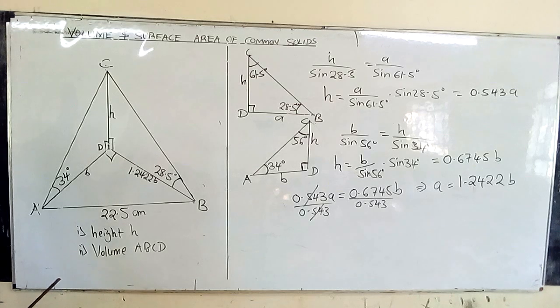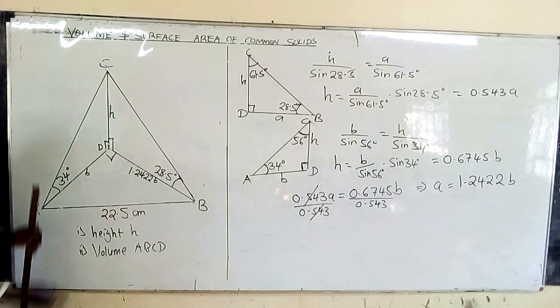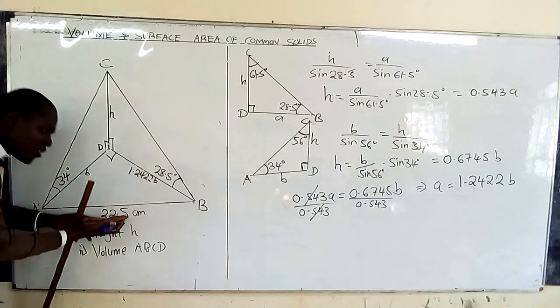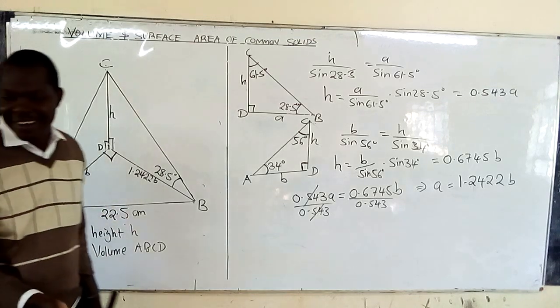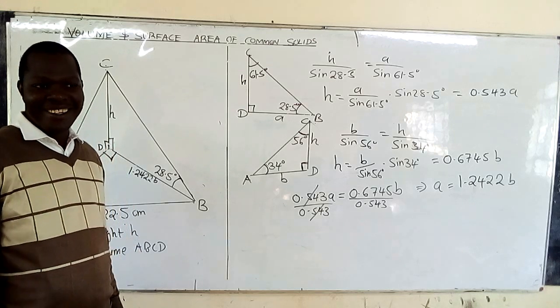So from here, we can easily get the value of B. Pythagoras theorem: this square plus this square is equal to this square, because this is 90 degrees.